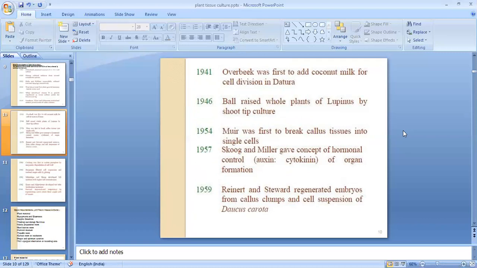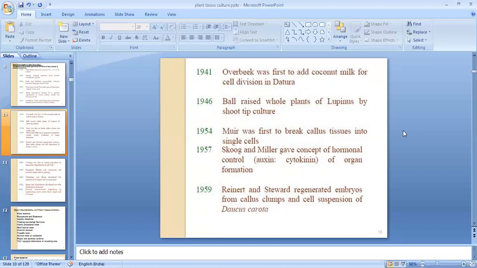And in 1946, Ball raised a whole plant of lupinus species by shoot tip culture. That is, from the shoot of the plant, the explant was isolated, and from that explant the whole intact plant was raised. And in the year 1954, Muir was the first person to break the callus into single cells. That means a single cell was isolated from the callus tissue culture.